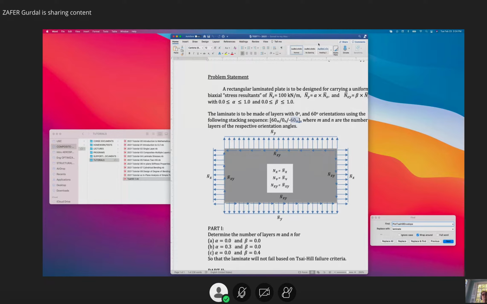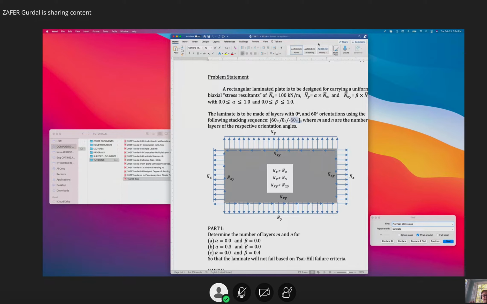Then from that, we went into bending. And in the bending case, the first and the biggest and the only major complication is the fact that stresses in each layer with the same orientation angle are not the same anymore. In the in-plane case, stresses in each layer with the same orientation angle are the same.